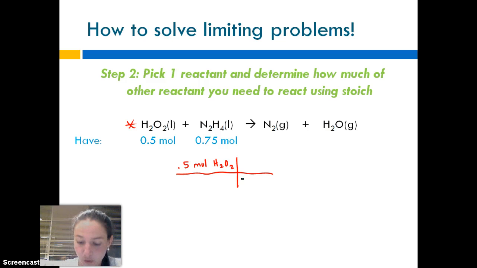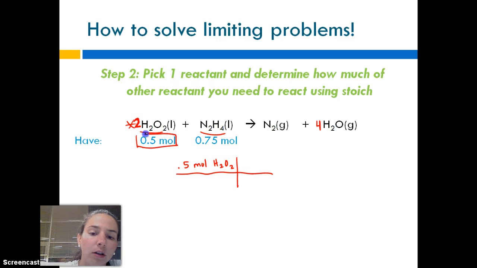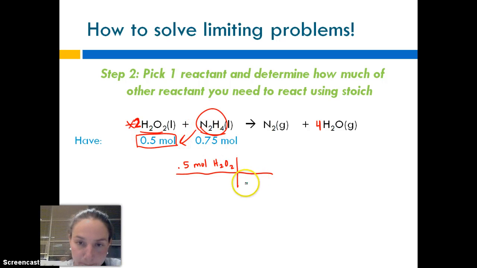So I'm going to go through and balance this equation. In order to do that, I need a 2 here and a 4 over here, and now my equation is balanced. So now I can actually use the mole ratio to convert from moles of this into moles of this, okay? Because remember, I'm trying to figure out how much of this do I need to react with this.